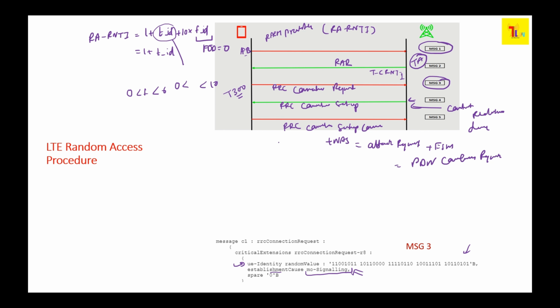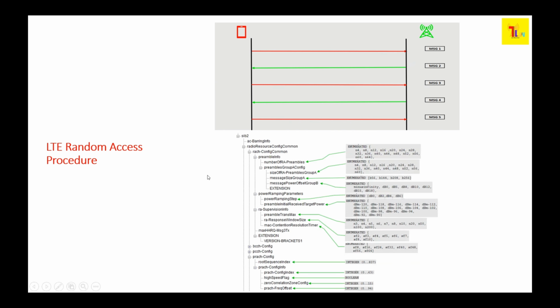Also, whenever we are talking about message 5, there are a few important things that we need to consider. What exactly will the RRC connection setup complete have?